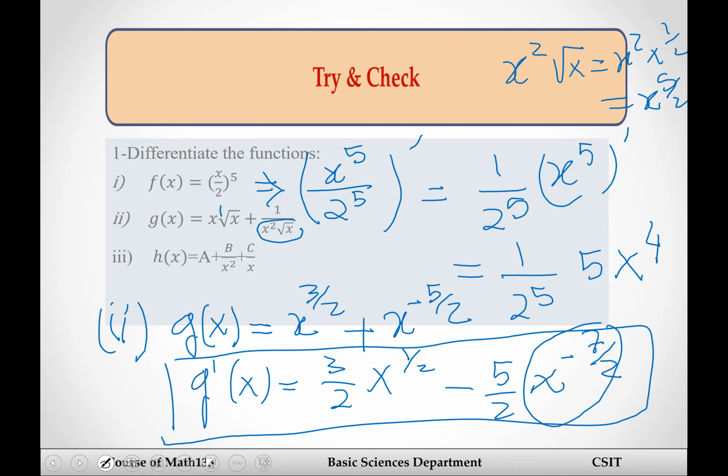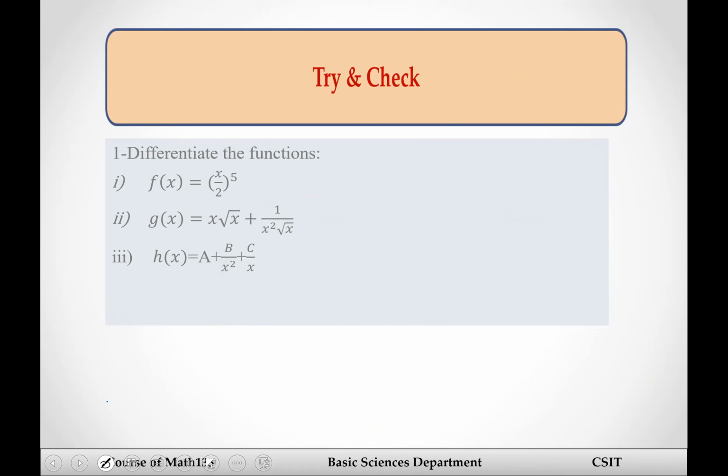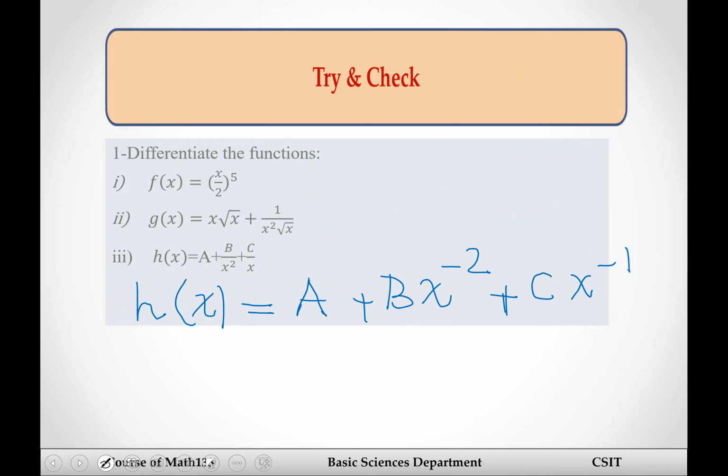Okay, the last one is h of x. First I will transform the function before doing the derivative. So it's a plus b over x^2, that means multiplied by x^(-2), and plus c over x, that means plus c x^(-1). In this way, I can make the derivative easily. So h prime is equal to, this is a constant, so this is 0.